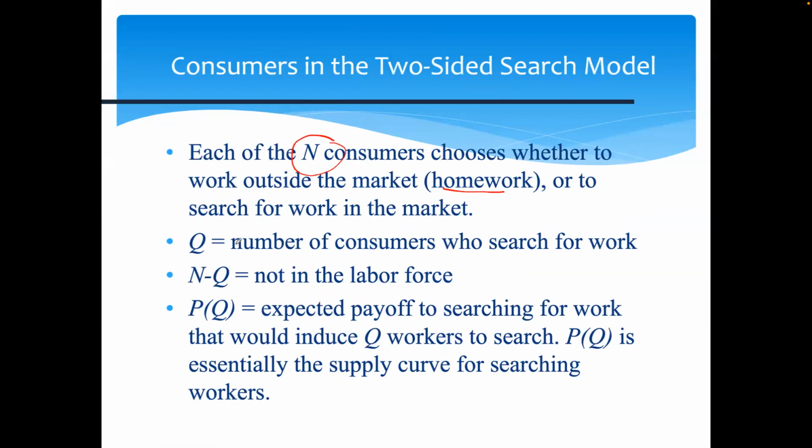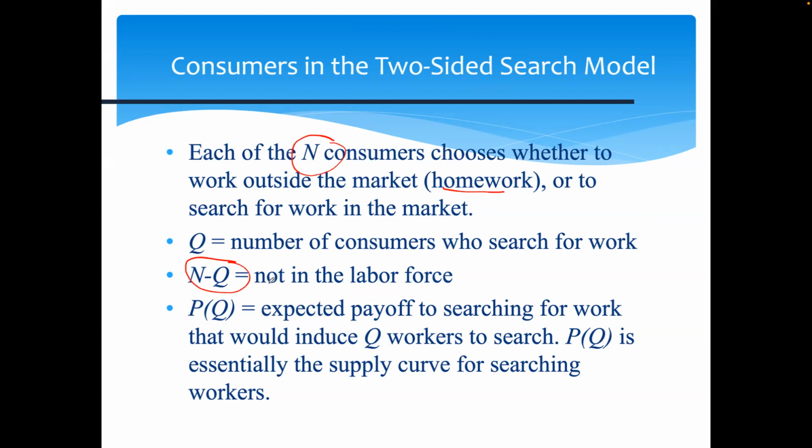Okay. Now Q is the number of consumers who search for work, meaning who are in the labor force. So we are going to model people not in the labor force, which is given by N minus Q, right? N is the total size of the working age population, and Q is the number of people who are in the labor force.